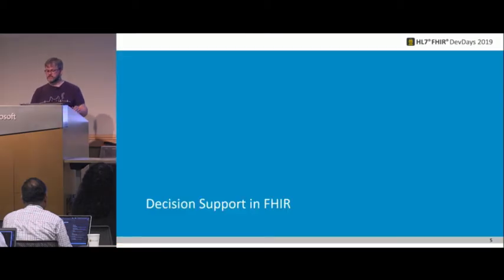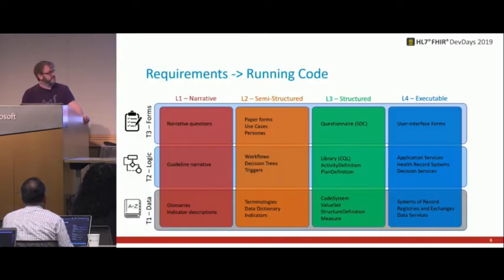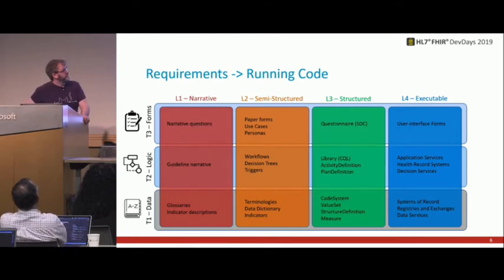All right, so then decision support in FHIR. Let's go back to this slide, where what we're focusing on in the opioid implementation guide is these two blocks. One, we are describing the profiles that are needed to say this is what I expect the data to look like in order to get a valid evaluation of my decision support.